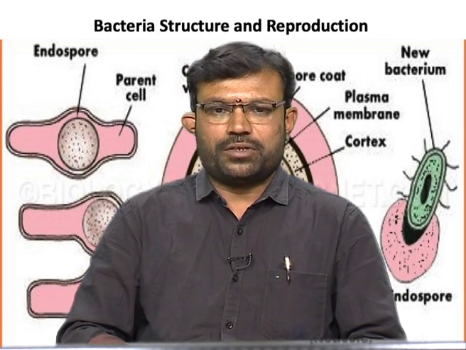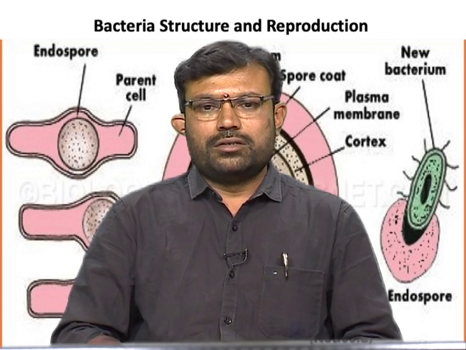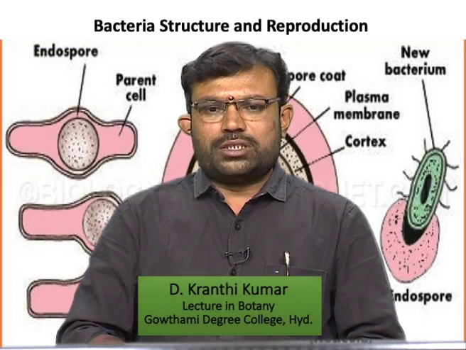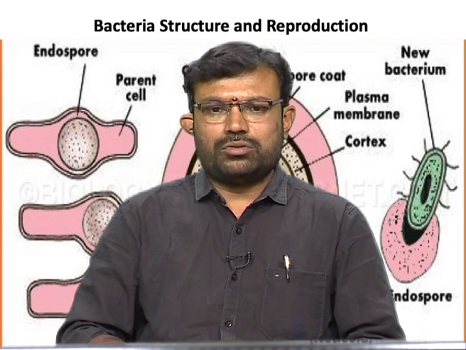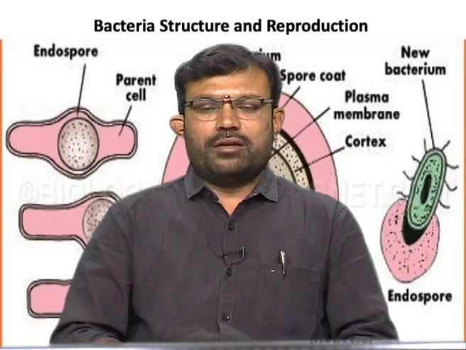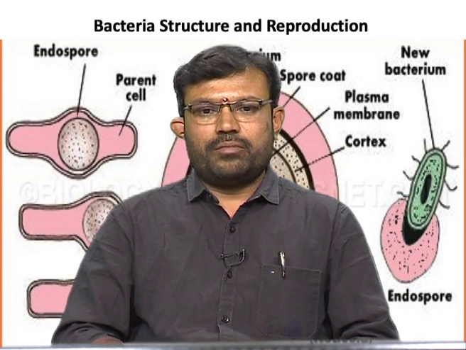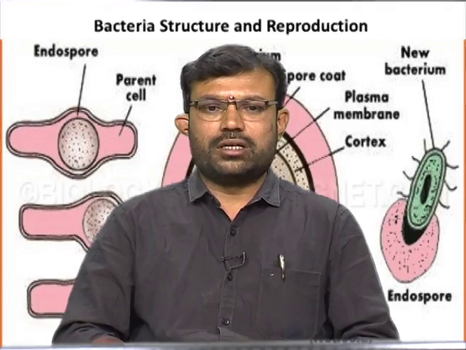This transformation process was first discovered by Lederberg and Tatum in Streptococcus pneumoniae. During transduction, the genetic material enters the bacteria through bacteriophages, so the genetic material is exchanged from the bacteriophage to the bacteria. This process was first discovered by the scientists Lederberg and Zinder.